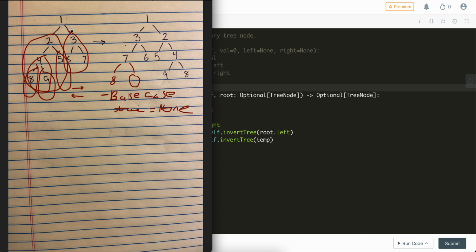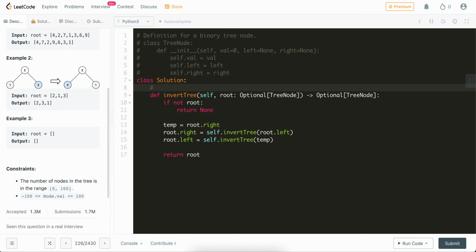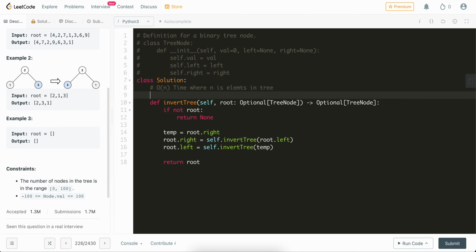So it looks like we have to touch every node. And you'll notice it's quite clear here that every node has been swapped, has been touched in some way. So that leads me to think that our time complexity would be big O of n time, where n is the elements in the tree, okay?